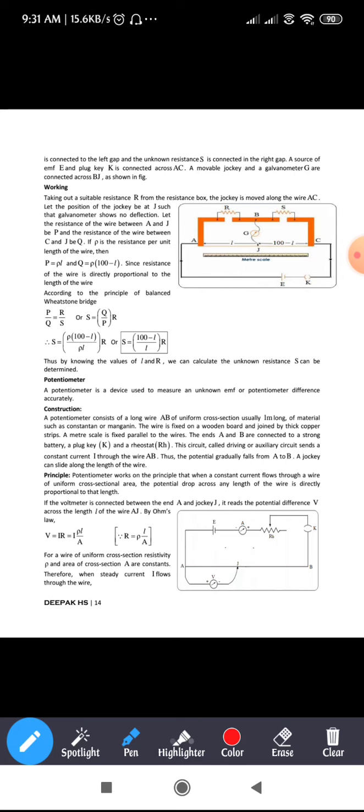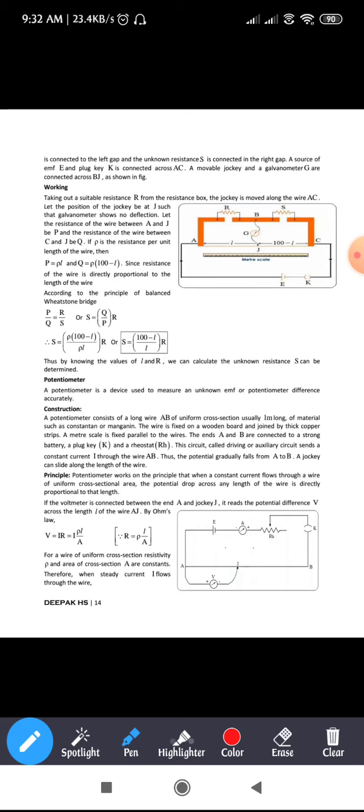Whenever you slide the jockey on the wire, it shows the potential difference. Let us say one end of the jockey is at J. When you slide that jockey, between A and J, the voltmeter shows the potential difference.